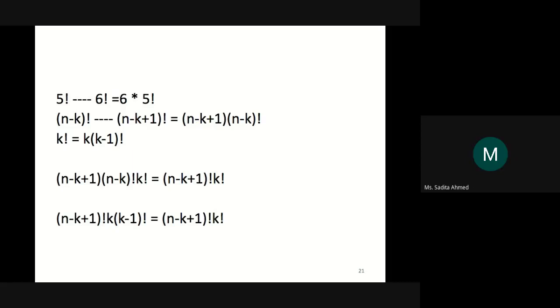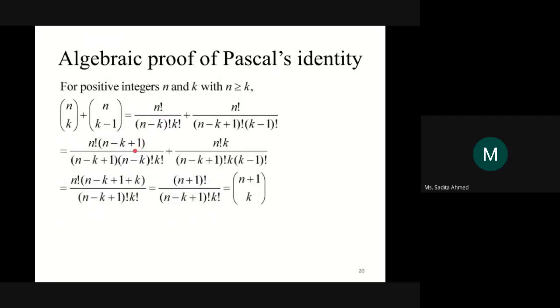Exactly, n minus k factorial. So it's n minus k plus 1 multiplied with n minus k factorial. So if I want to convert from n minus k factorial to n minus k plus 1 factorial, what do I have to do with n minus k factorial? I have to multiply it by n minus k plus 1.